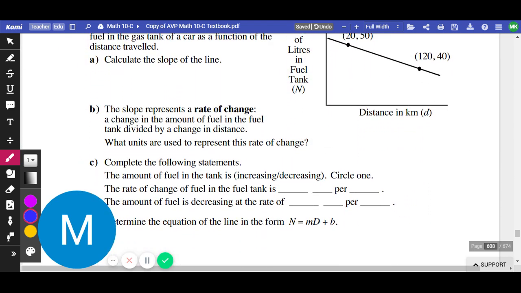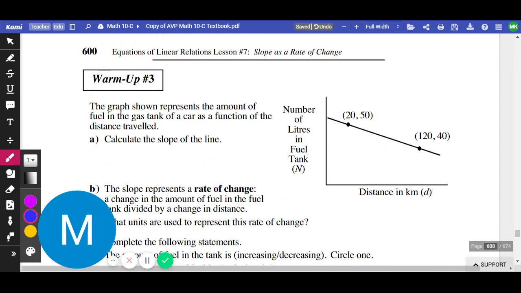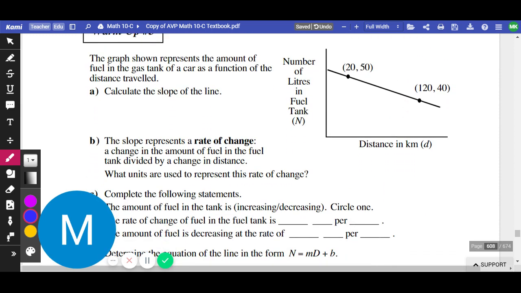Last one. I think this is our last warm-up one. So we got this guy here. They're talking about the amount of fuel in your tank and then how far you're driving. So if you wanted to calculate your slope of this thing, then we're doing x2, y2, x1, y1 right here.